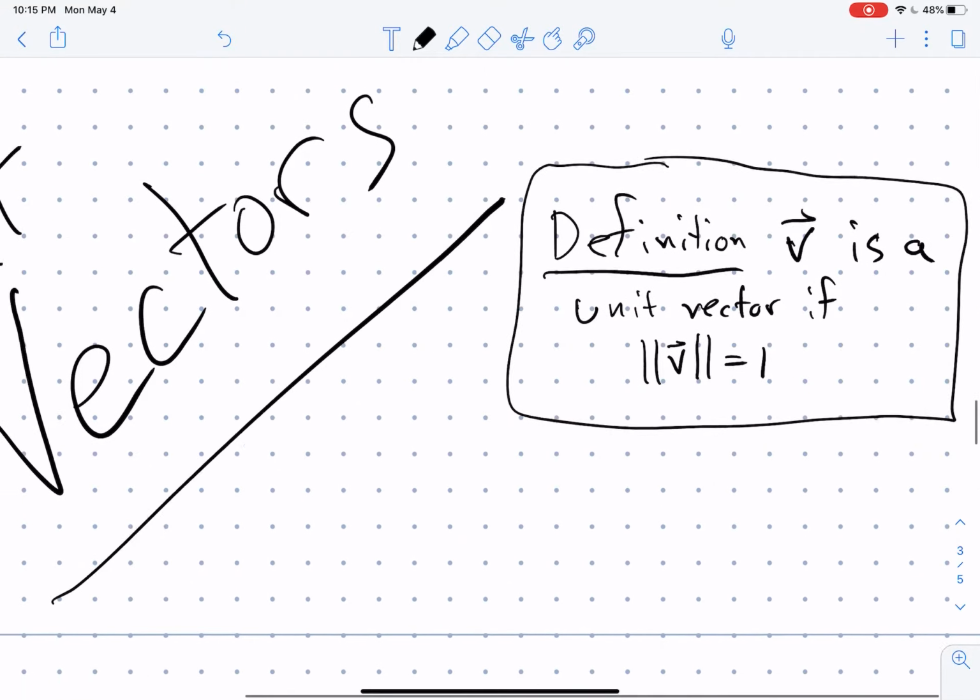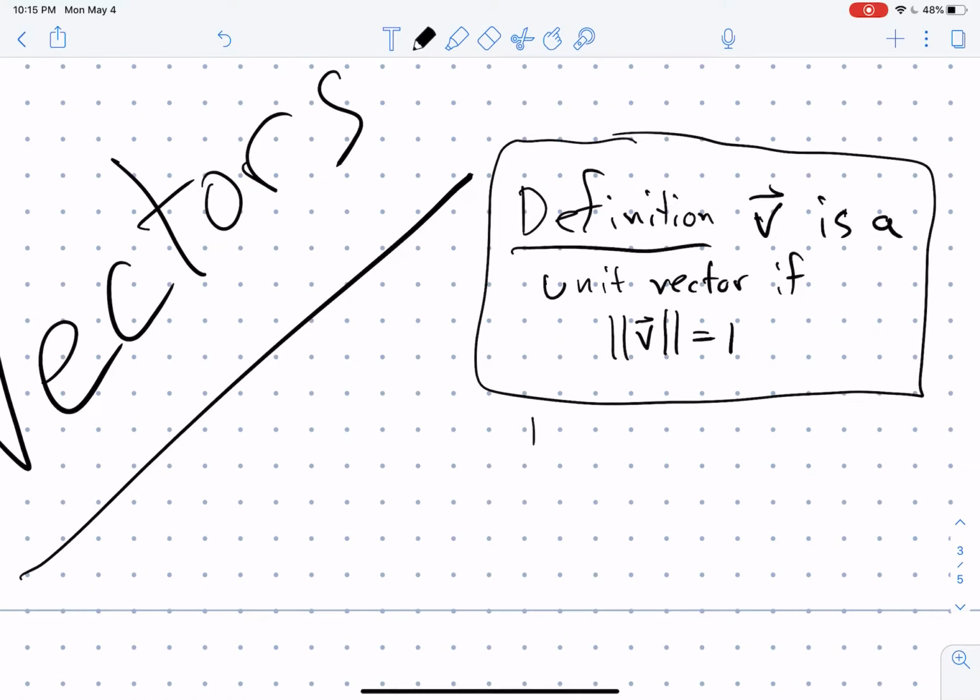And of all the unit vectors, two are special, because we're working in a coordinate system in R2. If we create our coordinate system, there are two special directions in R2: the direction that goes directly to the right, and the one that goes directly up. That's along the x-axis and along the y-axis. We call the unit vectors of length 1 in each of those directions by special names.